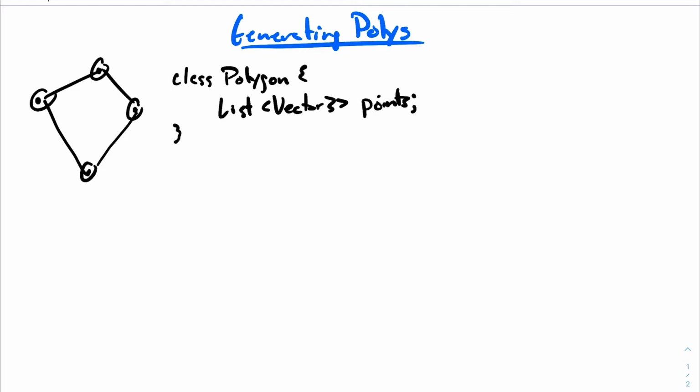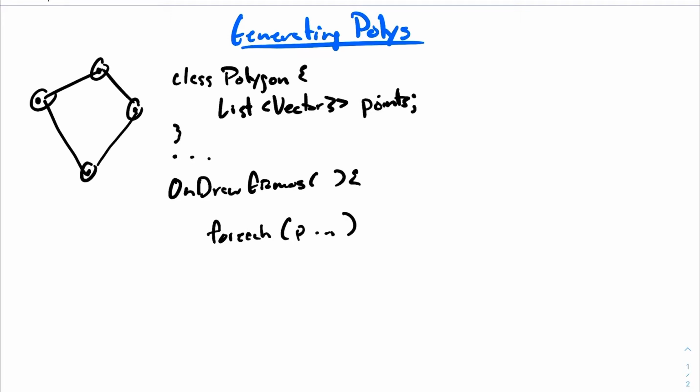Now, if I want to draw this polygon on screen, later in my code I have an onDrawGizmos function. Inside this function, I would essentially do a for each polygon that I have. And then in here, I would loop through, for int i equals 0, i is less than polygon.points.length, right?